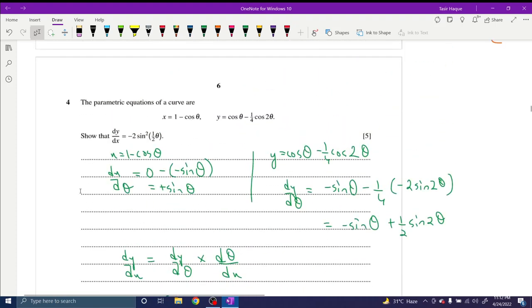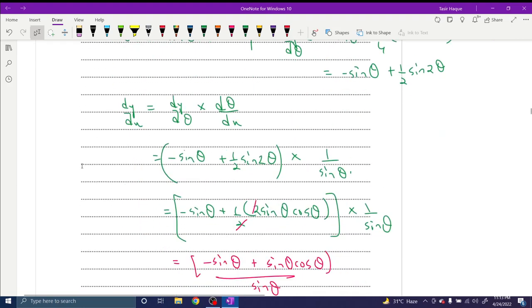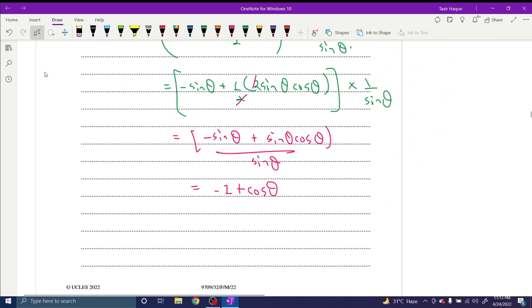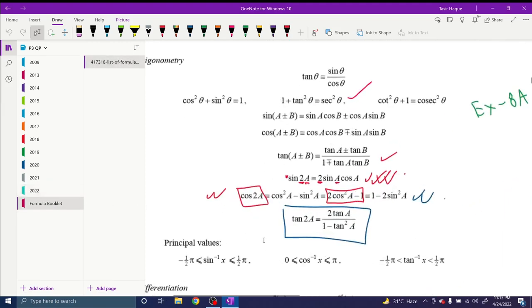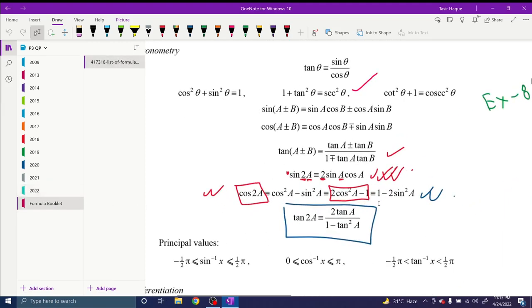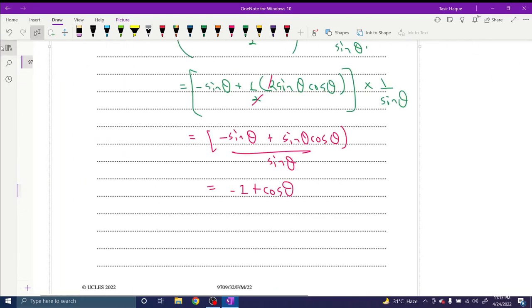So now I'm just going to look at the thing we need to prove. This is actually sine square half theta. So I clearly understand that a double angle formula has been used, right? So you guys have the formula booklet. You can use that. You have this. So you know that there's this identity, right? Cos 2 theta. It has three identities. One of them is 1 minus 2 sine square theta.